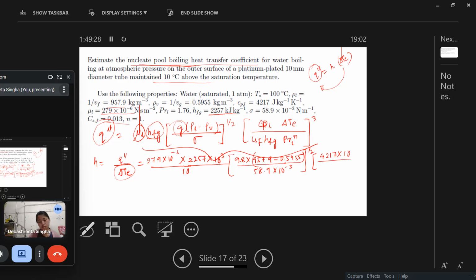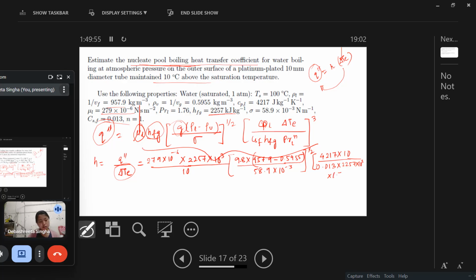C_sf is given as 0.013 into HFG, 2257 into 10 cube, into Prandtl number to the power n, where n is 1 again.